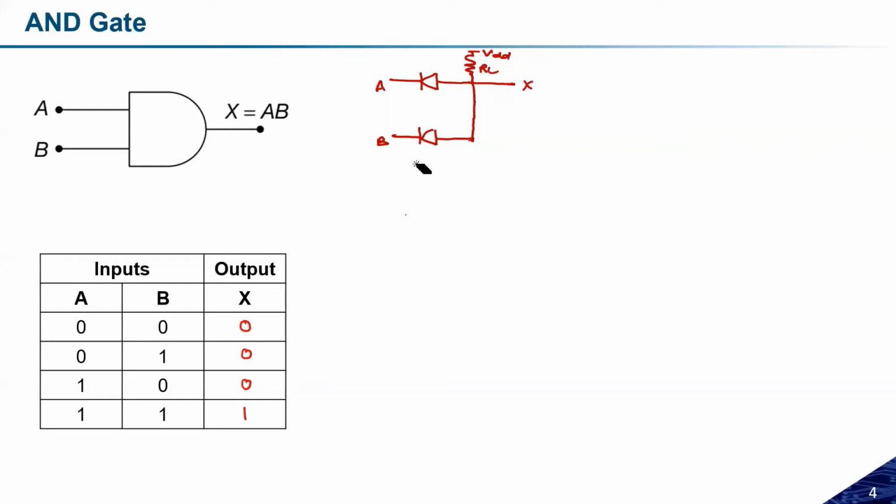So suppose I have this kind of a structure having D1 and D2. Now let us try to see whether this circuit is acting as an AND gate or not.